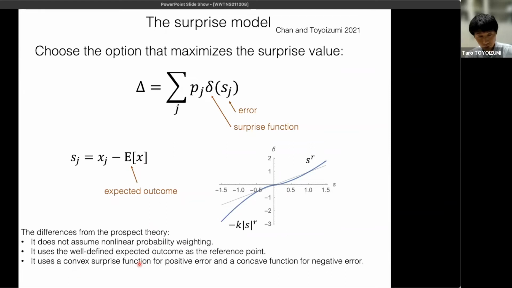Third, we use a convex surprise function for the positive error and a concave surprise function for the negative error. So the model is arguably simpler than prospect theory because we don't use nonlinear probability weighting and we have a well-defined reference point. So it's a simpler model with fewer parameters.